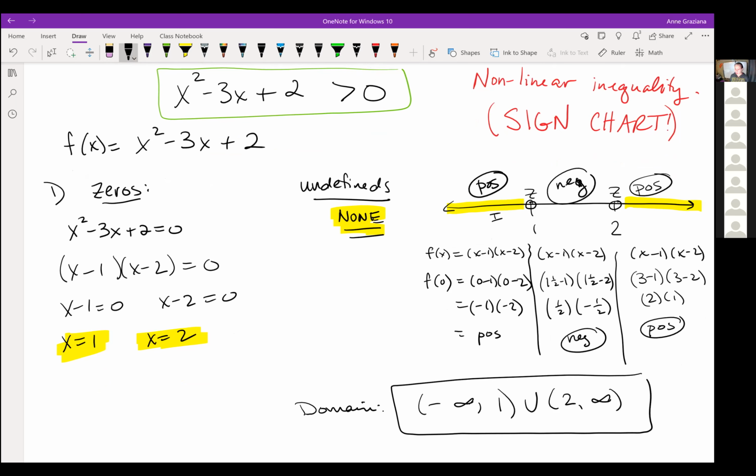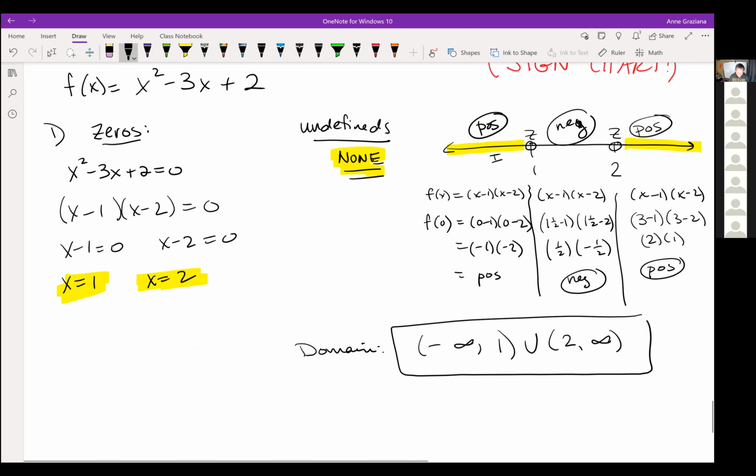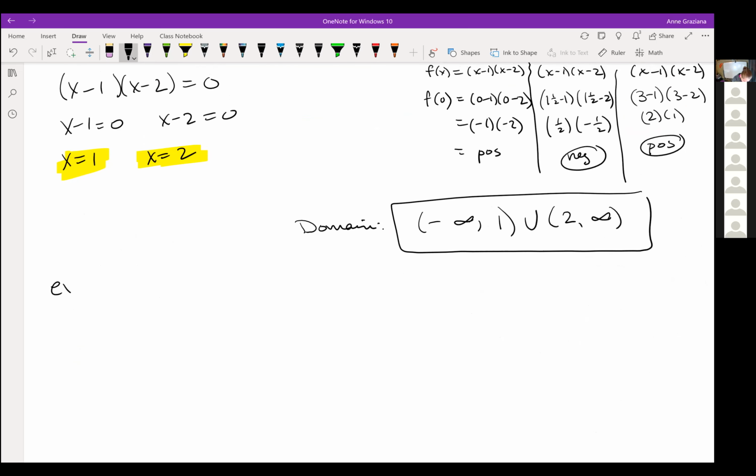All right. So we have good time here. I'm going to start this one off for you, but then I want you to try to finish it. So here's my function, h of x equals log base 5 of (x squared minus 4x plus 3) all over (x plus 7).